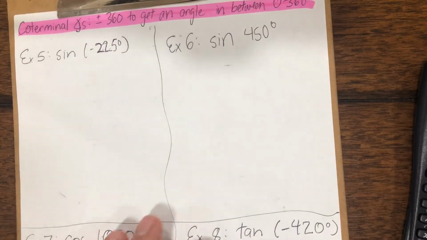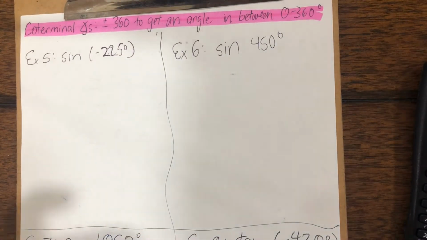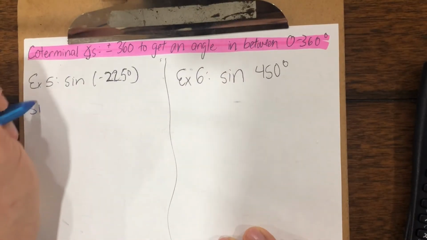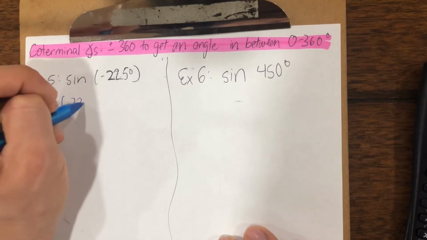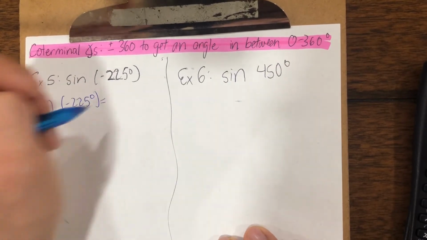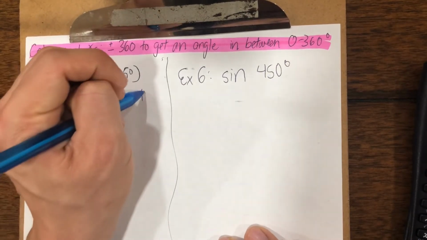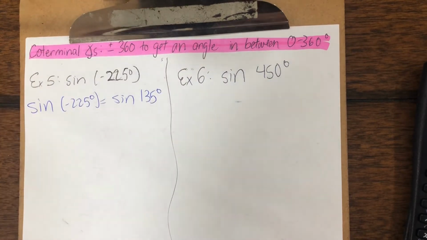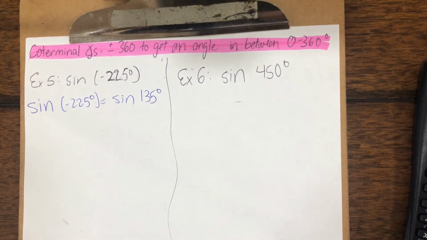So now I'm going to rewrite: sine of negative 225 degrees equals sine of 135 degrees. Now we're able to evaluate sine of 135 degrees.